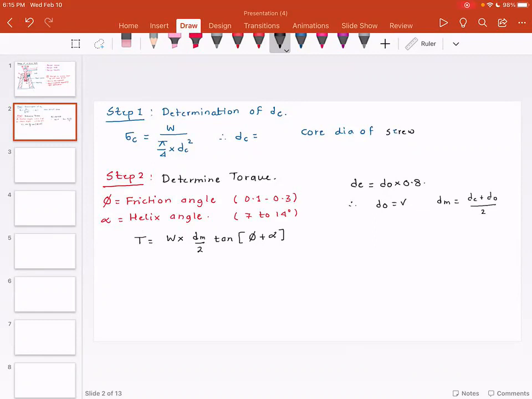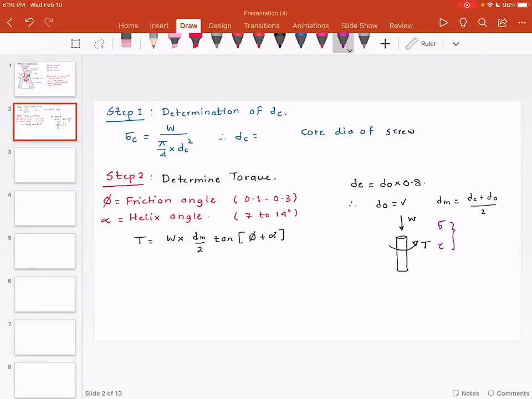Now, one thing we want to talk about is that this torque, because of the simultaneous action of load, if you take a look at the power screw, you have torque and you have direct load W. Because of that, you're going to get normal stresses and you are going to get shear stresses.